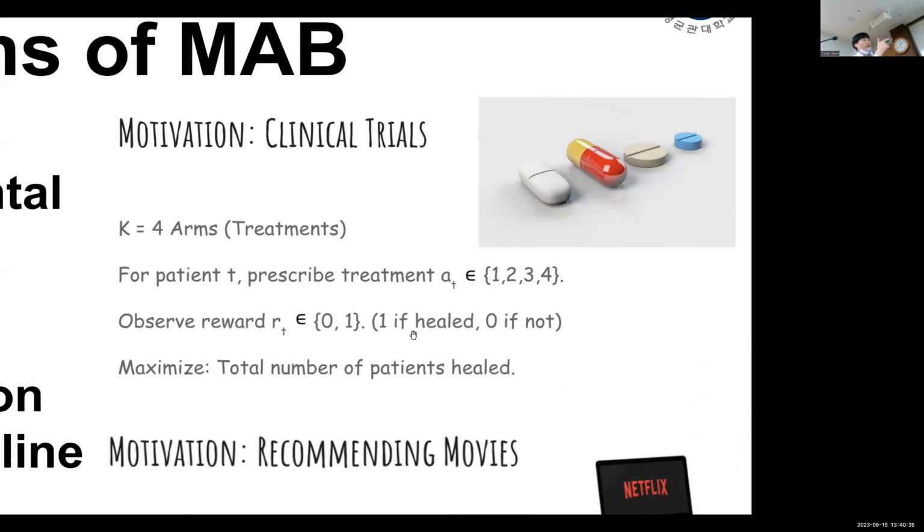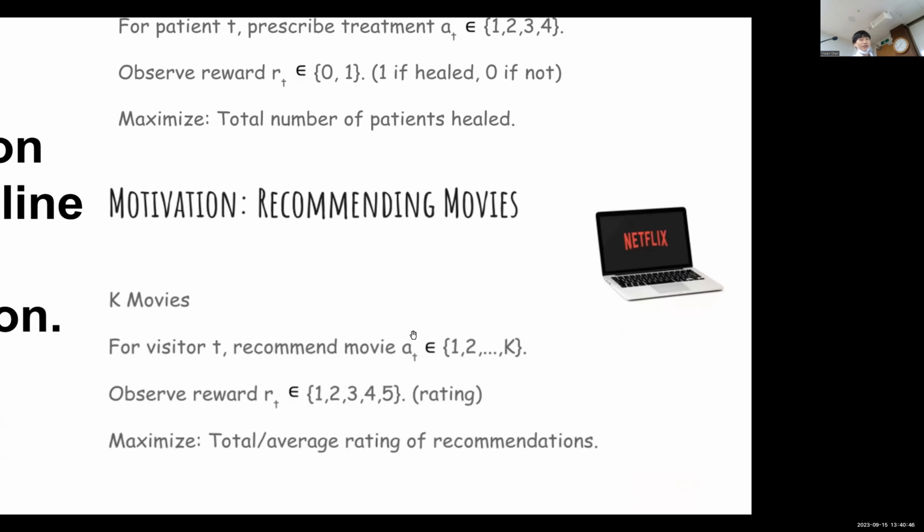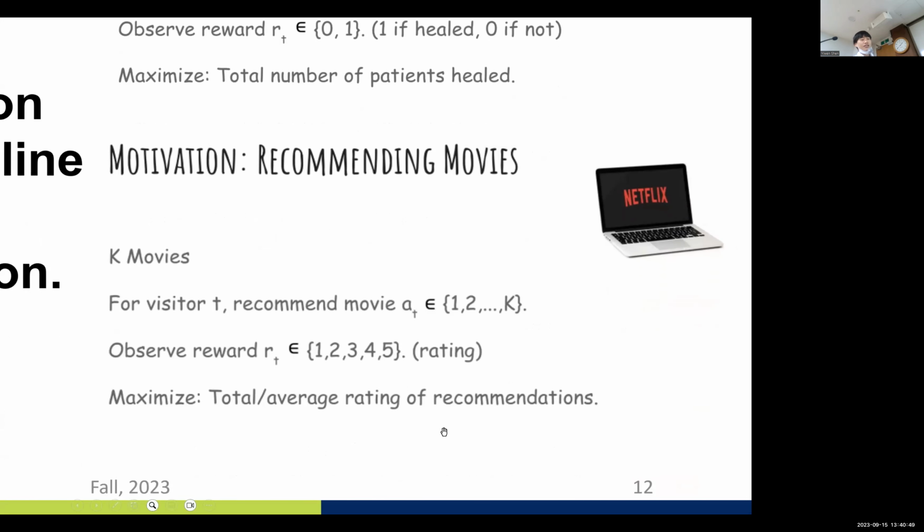The purpose is to get closer to the distribution and know which one has a higher expectation. Similarly, in this movie recommendation system, each movie has an observed reward, the rating, which has a distribution. For the visitors, we should recommend the best movie, the one with the higher rating.